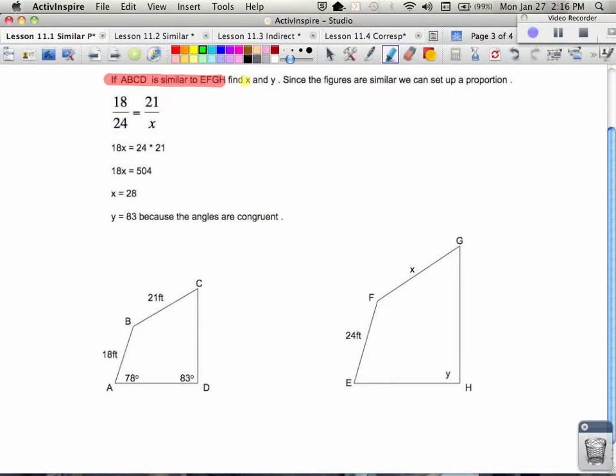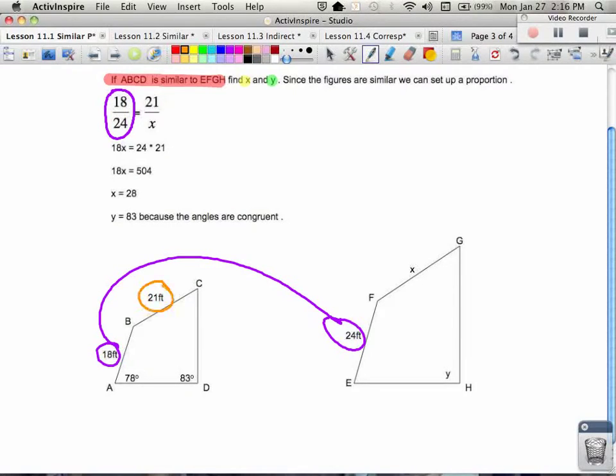if I want to find my x value, I can set up a proportion. What do I mean by that? I know that the ratio of 18 compared to 24, my first ratio, should be the exact same ratio as the 21 compared to the x.